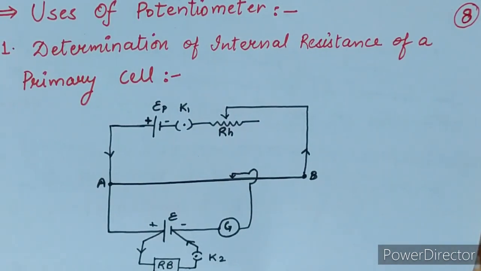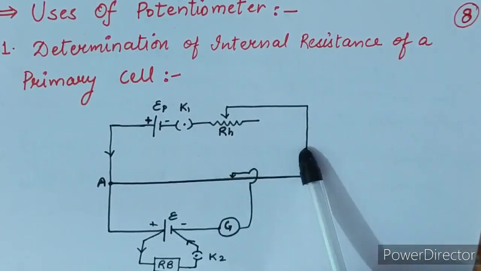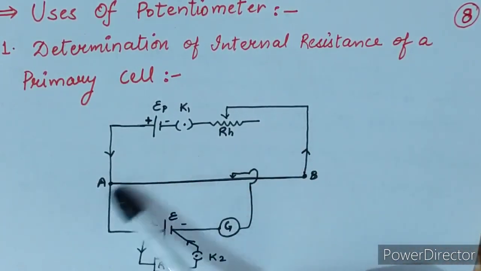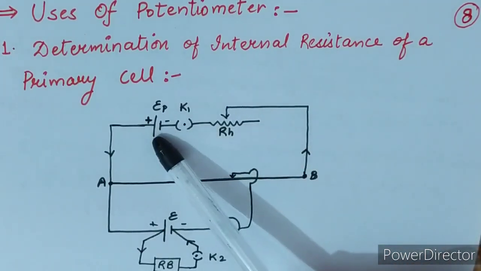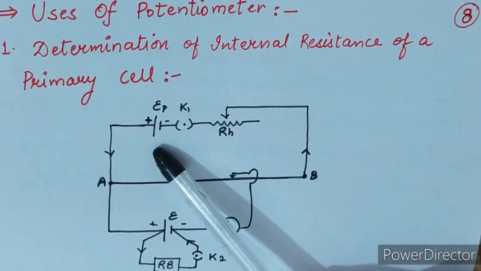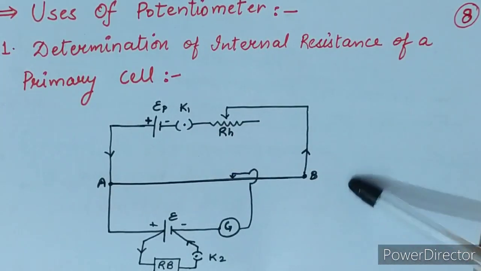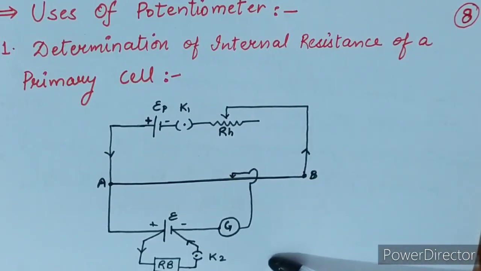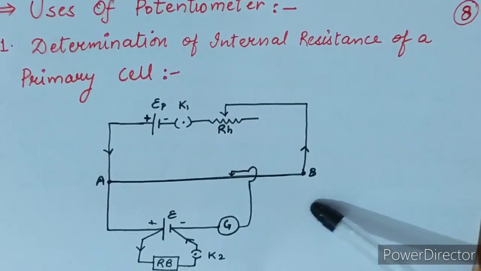If any changes occur, they occur in the secondary circuit, not in the primary circuit. So in the primary circuit, AB has a connection with the primary cell of EMF EP, key K1 and rheostat RH. Clear? Here is the circuit for the determination of the internal resistance of a primary cell.